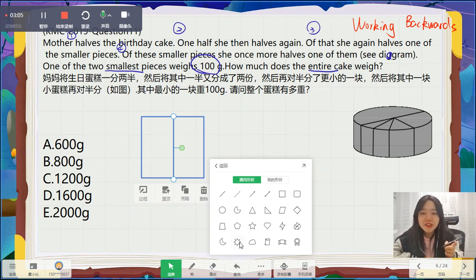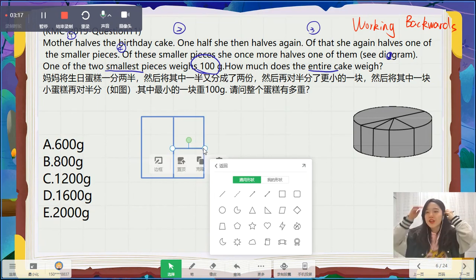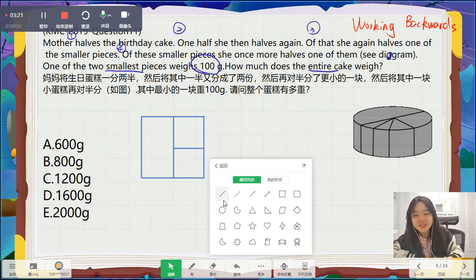Secondly, mother cut the half of one of the two parts again. So we have to cut one part into two halves again. Then she cut one of the cut parts. Of that, she again halves one of the smaller pieces.